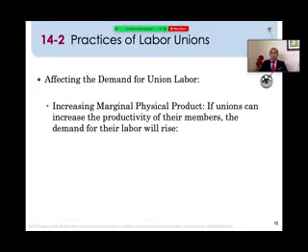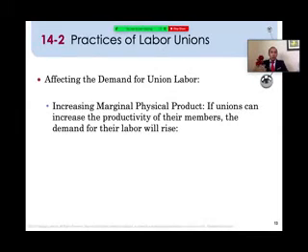So if unions can increase the productivity of their members by making them more productive, the industry or the firms or the companies are going to demand more unionized, skill-based labor, because they are organized, they have a trajectory to some extent of consistency and reliability, and then they may have the license and are backed by the union and protected by the union.